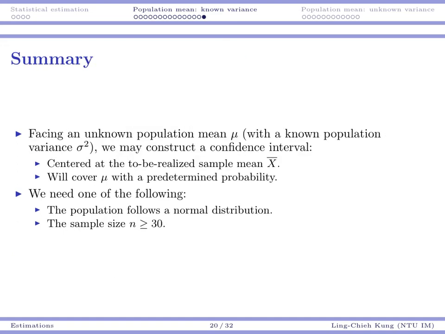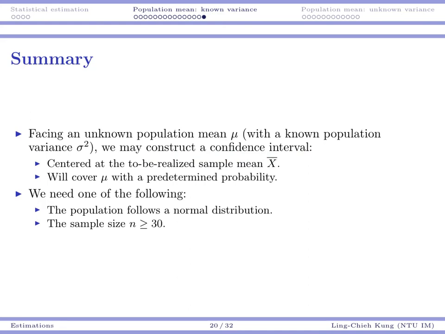So, a brief summary. Suppose we have an unknown population mean and a known population variance. Then we may construct a confidence interval in the way we just mentioned.